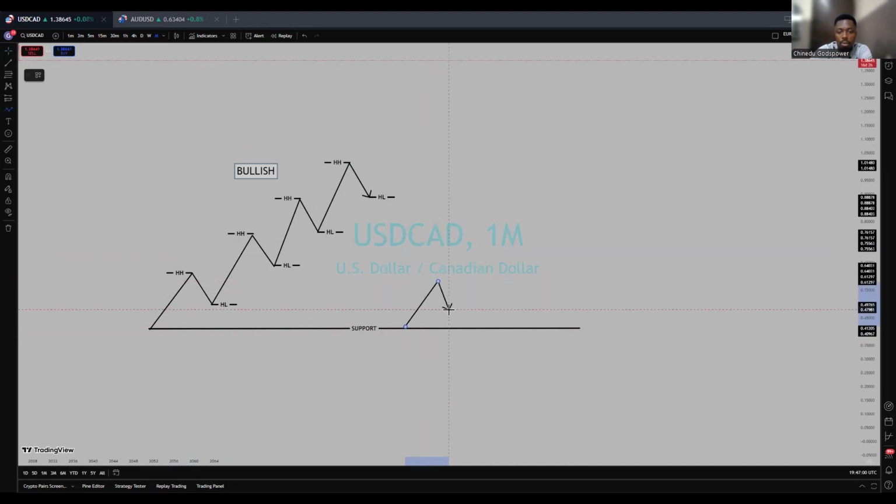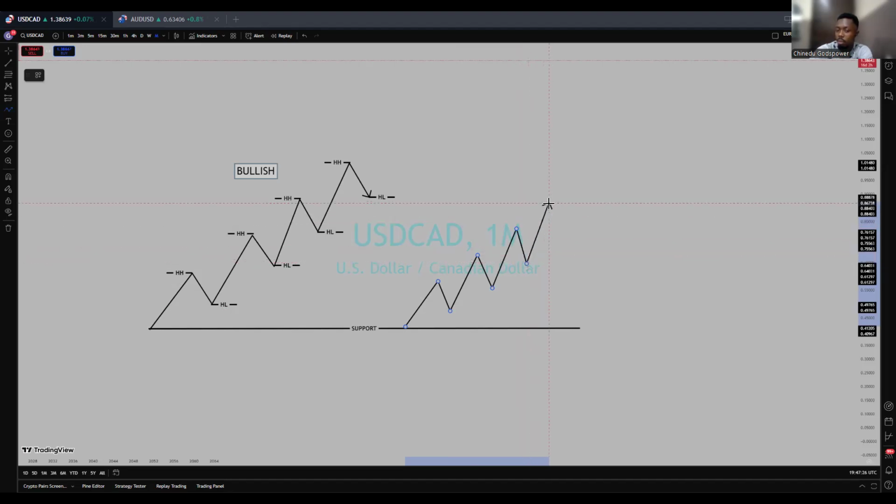It rallied up, came down, and did not break below. It broke this high and created a high that is higher than this one. Then price came down and created a low that is not lower than the previous low. Then it went higher again and created a high that is higher than the previous high, but could not break the previous low.